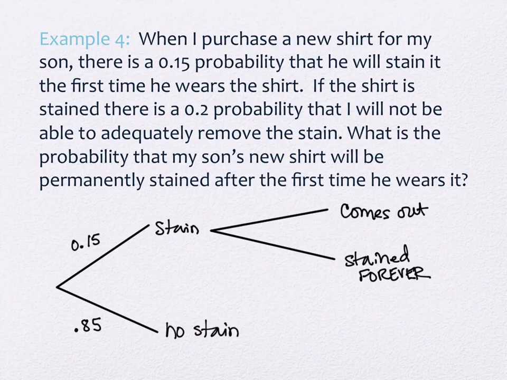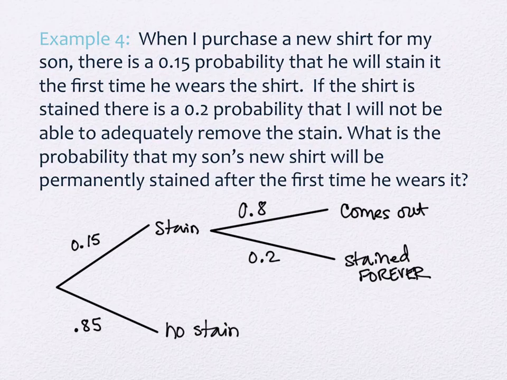But if it is stained, now we go to our top set of branches. What's the likelihood that the stain, which one did they give us? I gave you 0.2 probability that I will not be adequately able to remove the stain, so that one goes down here. Stained forever. So what's the likelihood then that we can get the stain to come out? Yeah, it's 0.8, again because those 2 numbers add up to 1. Okay.